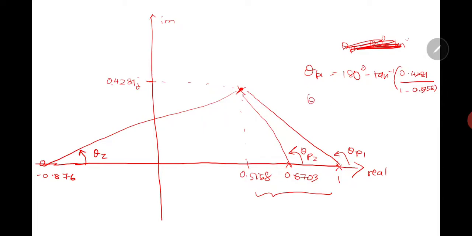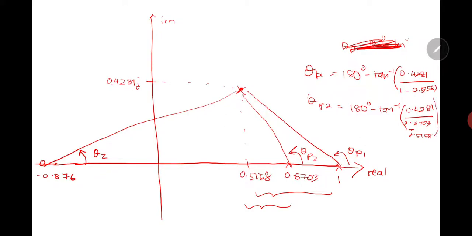Similarly, theta P2 is also 180 minus tangent inverse of the height 0.4281 over the width, which is 0.6703 minus 0.5158.